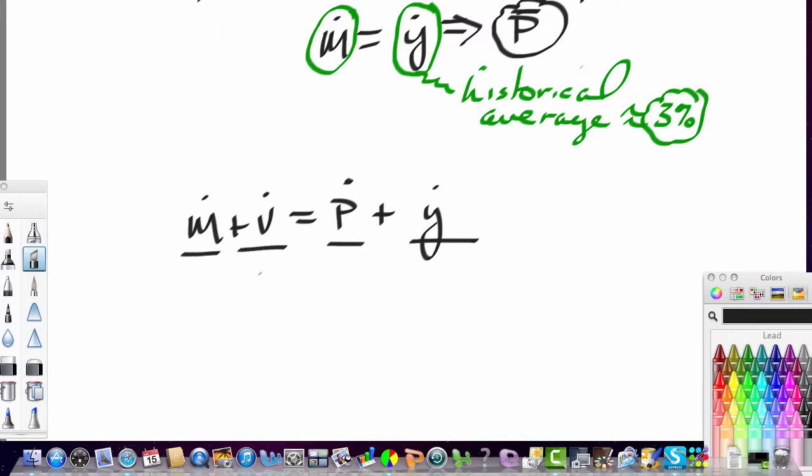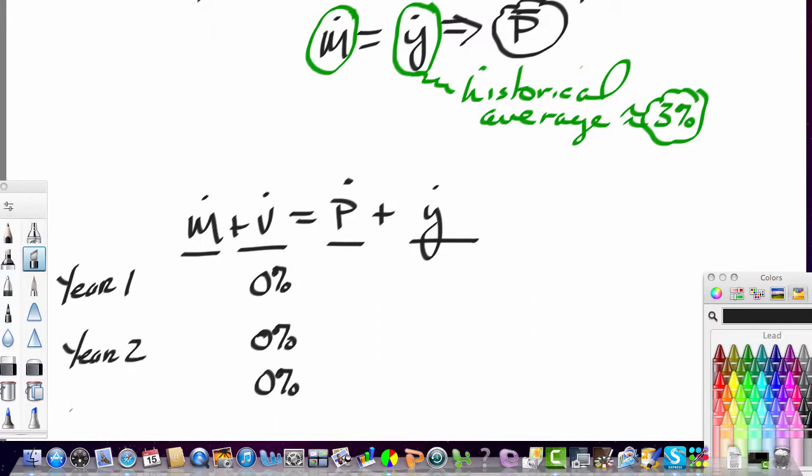We assume the quantity theory of money in every year, so we're going to assume that velocity is relatively stable. If velocity is not relatively stable, then this theory of inflation and this solution for inflation will not work as we are going to talk about it working.